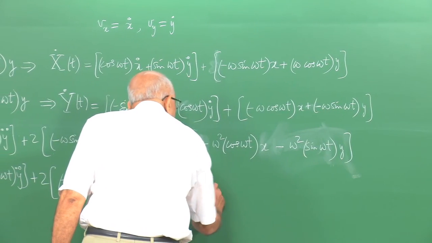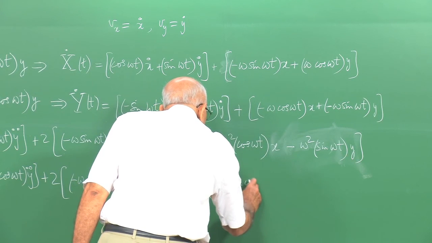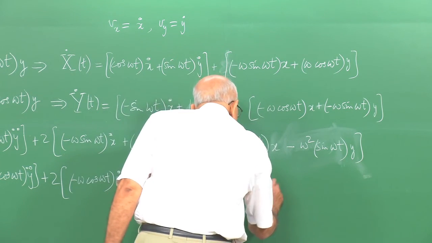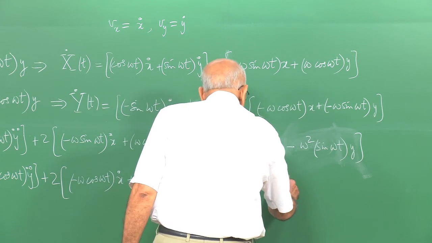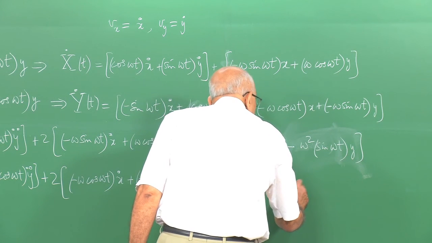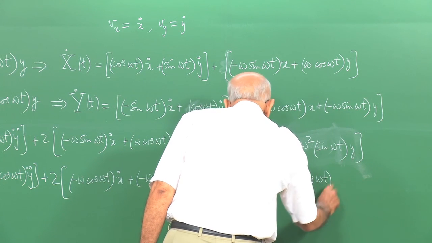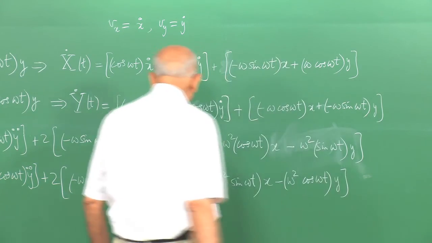So plus omega squared sine omega t, the minus sign goes away here, x, and then the derivative of this, which is minus omega squared cos omega t y, and that is it.